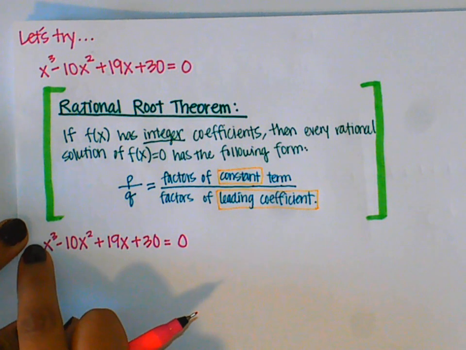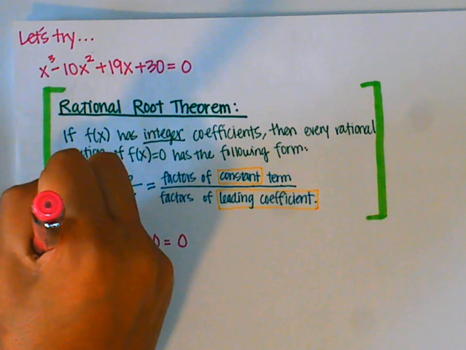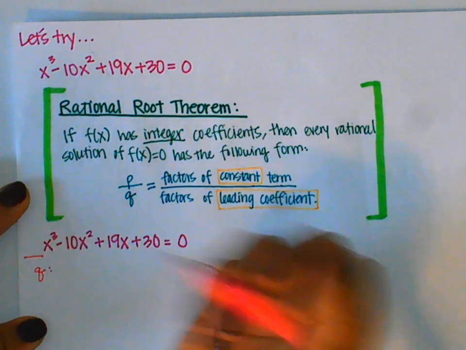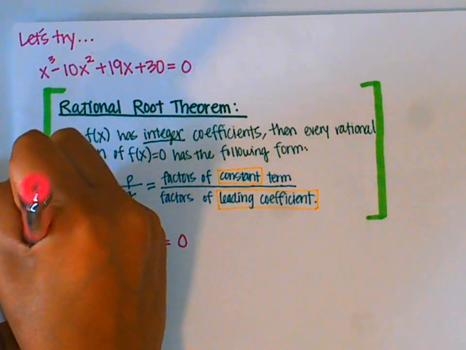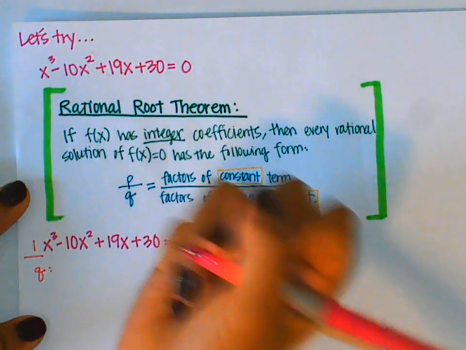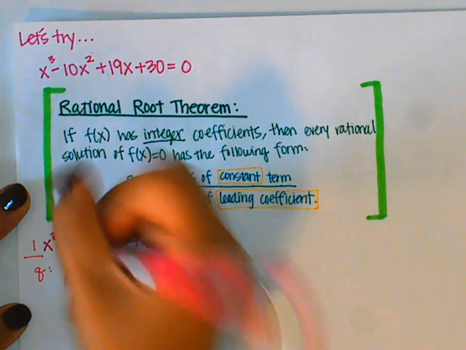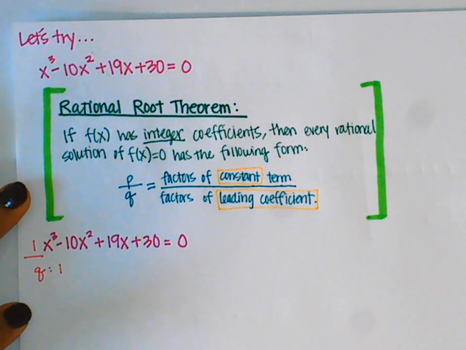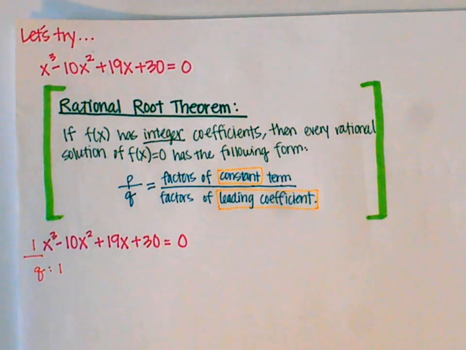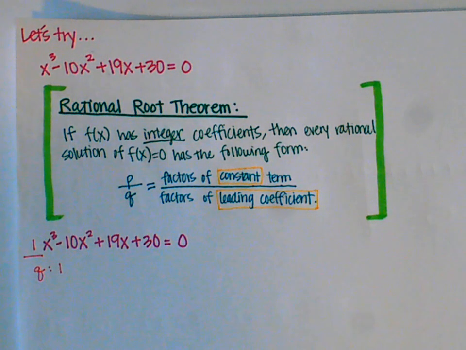I can just find it here. Which in this case, since I don't have a number, I know it's going to be a 1, and it's going to be a positive 1 at that. So what times what gives me 1? Well, that's easy. 1 times 1, therefore my Q is just going to be 1. If you're lucky, that's going to be the case most of the time.